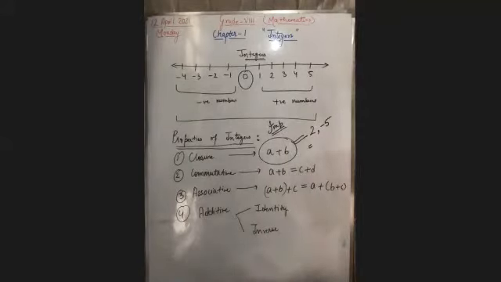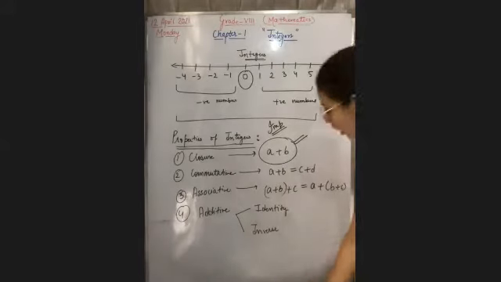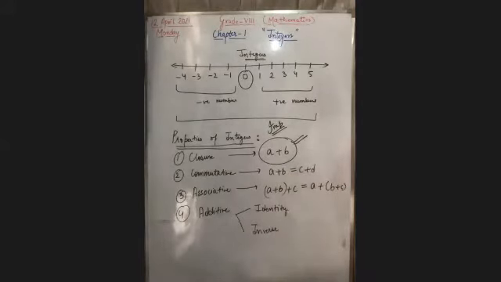Rochelle, very good. Excellent. Answer will be minus 3. So the answer can be negative or positive. If the answer is negative, again that is an integer. If the answer is positive, again that will be an integer. So addition of any 2 integers will always be an integer.